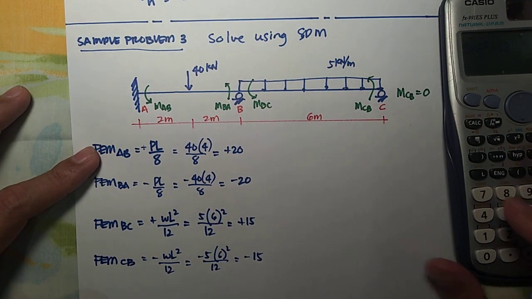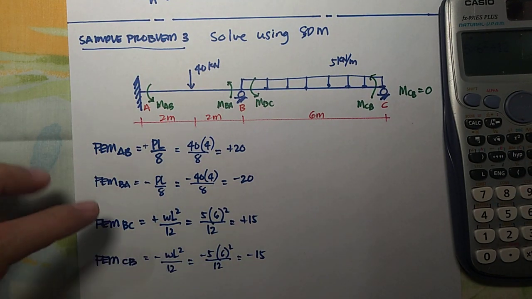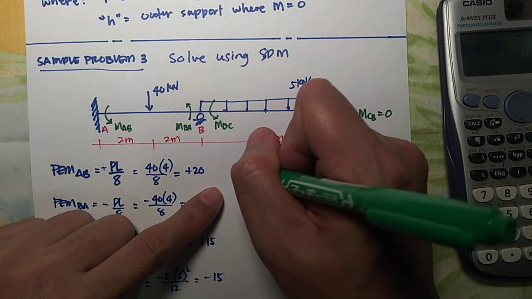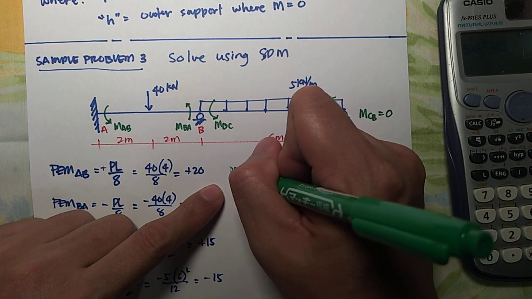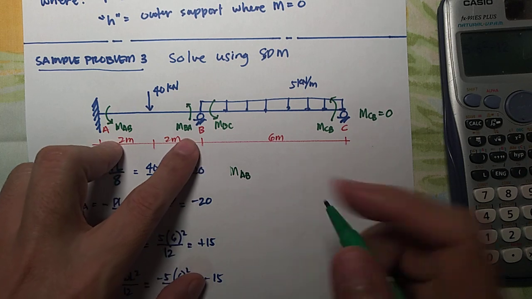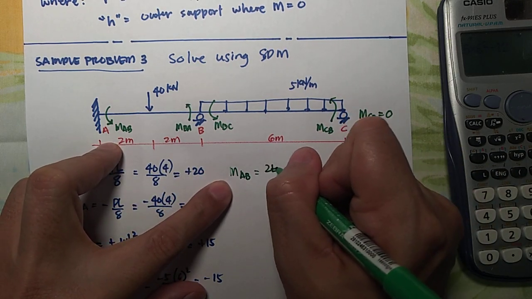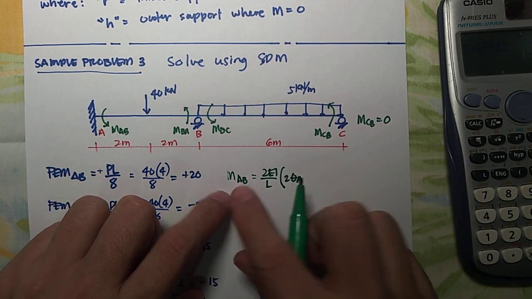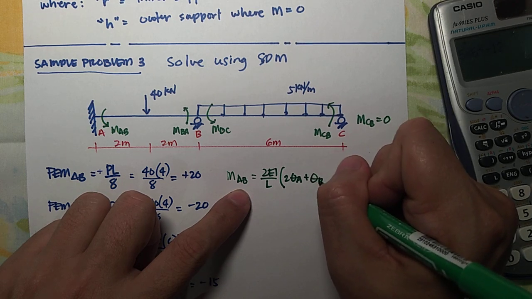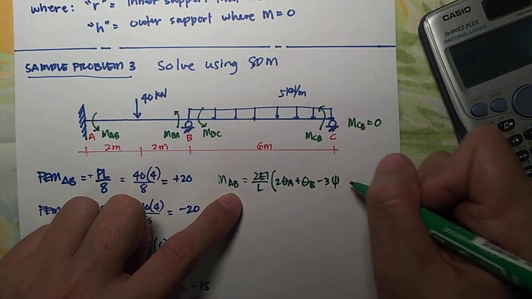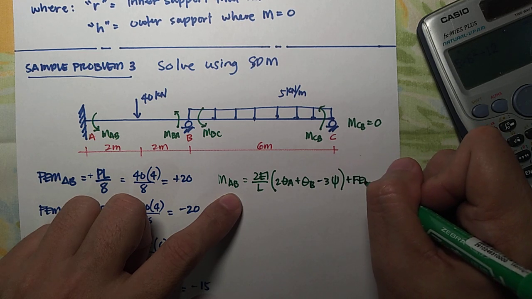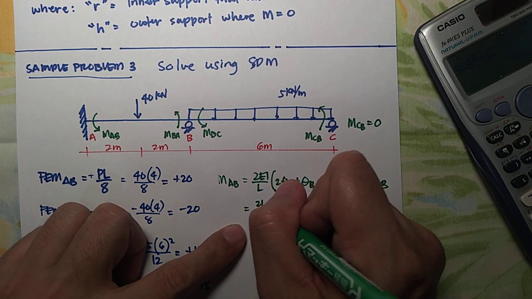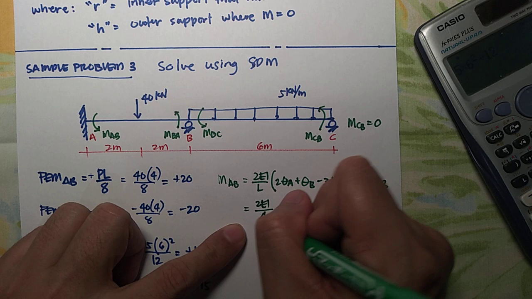Now, let us write the slope deflection equation. So let me write it here. Okay, so let's start with MAB. MAB would be 2EI over L times twice theta A, the near point is A, plus theta B minus 3 psi plus FEM on AB. Okay, so simplify and substitute. We have 2EI over L is 4.